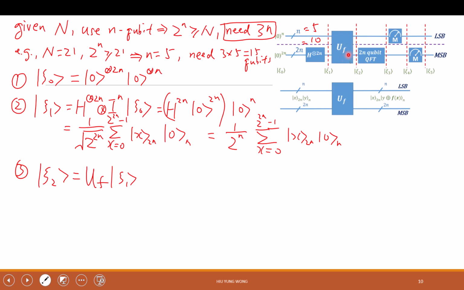How many qubits is this gate, based on the drawing? 3n, okay? So it's 3n. It is applied to the whole thing. And based on the definition here, what happens to it? It keeps the first 2n qubits unchanged, but the last n qubits it will XOR with f of x.